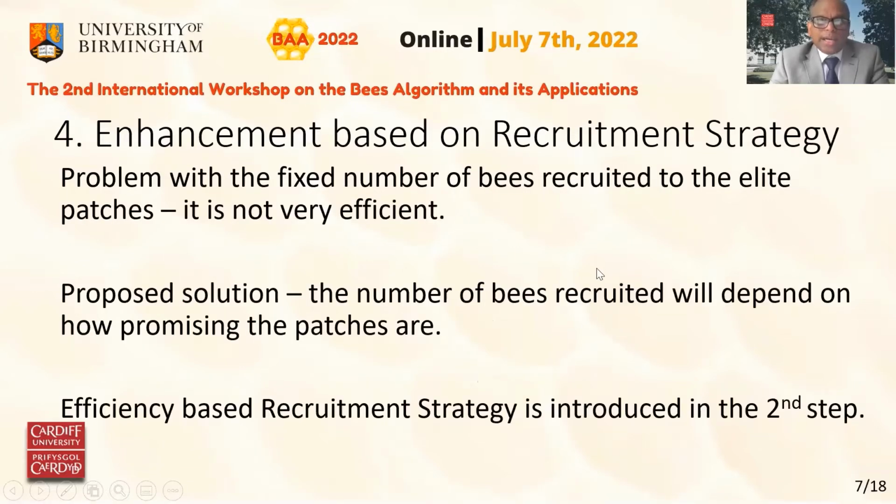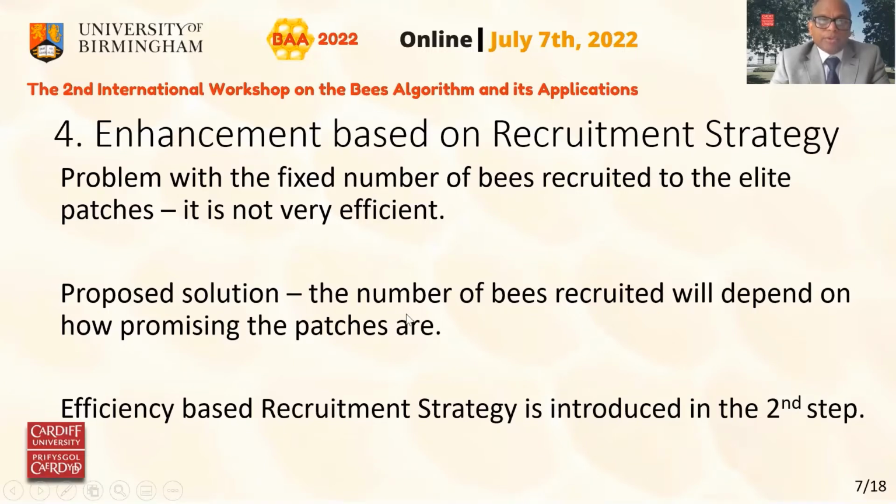So the second improvement is, having found the most promising areas to search, you want to allow more bees to exploit. The problem with a fixed number of bees recruited to the elite patches is that it is not very efficient. If the area has lots of interesting results inside, you want more bees.